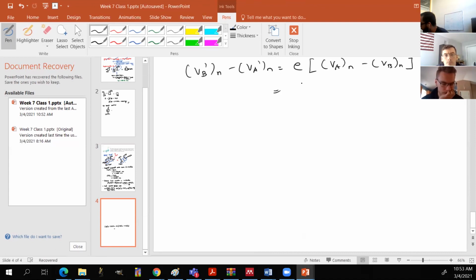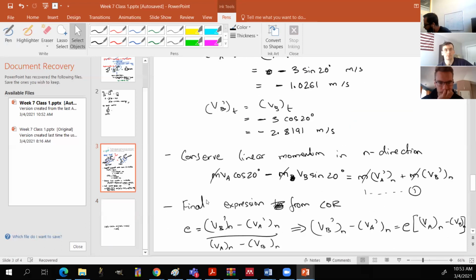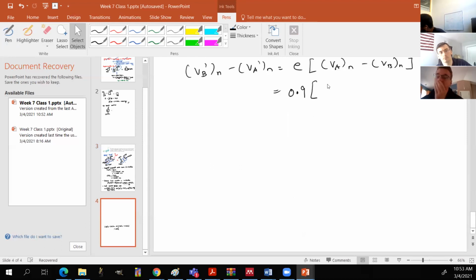And this is equal to 0.9 times my velocity in the normal direction. For A it is VA cosine 20. So you have VA cosine 20, and you'll have minus, but remember, you have to be careful with the sign. There's going to be a minus minus in here for VB, because you have to account for the sign change.